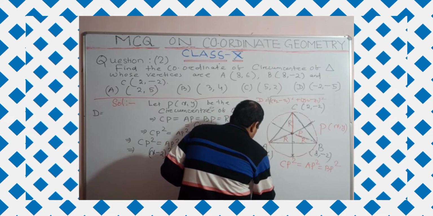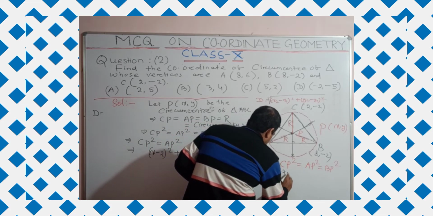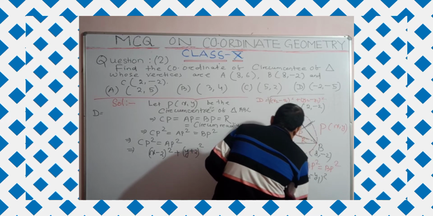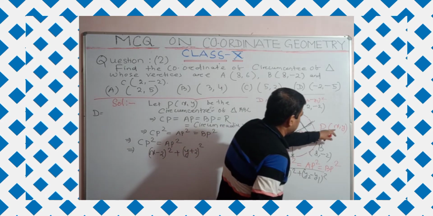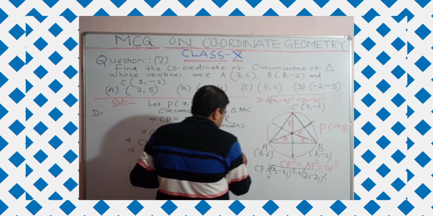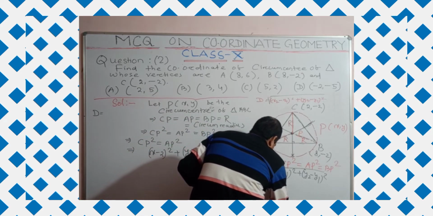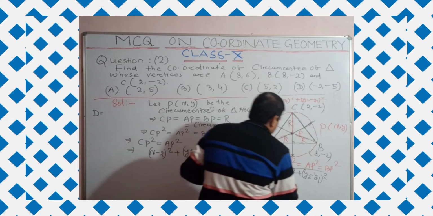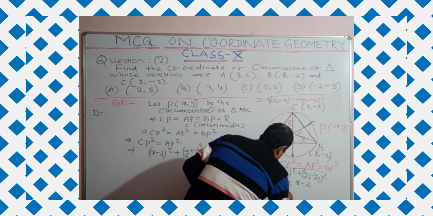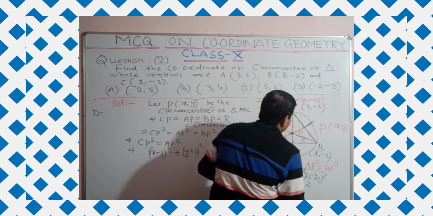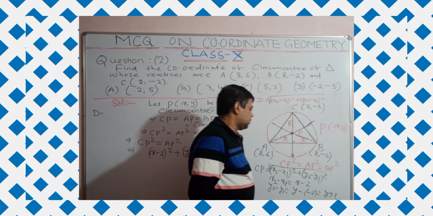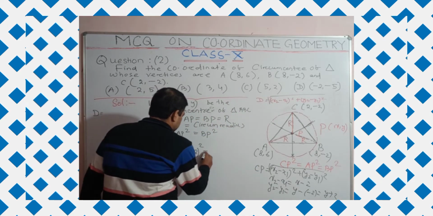Here x2 is x and x1 is 2; similarly y2 is y and y1 is minus 2, so y plus 2. This is equal to AP square.